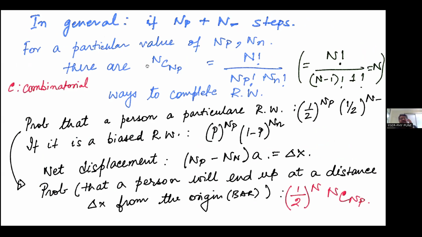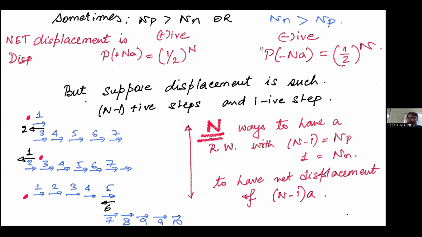So basically, what you are asking is, you're taking a total of n steps, but how many different kinds of random walks can be arranged if he takes NP steps to the right and NN steps to the left? Just like in this case, one negative step could be had in different ways.